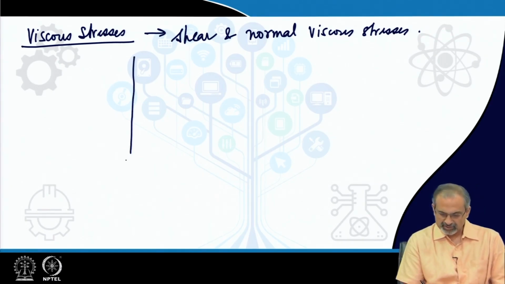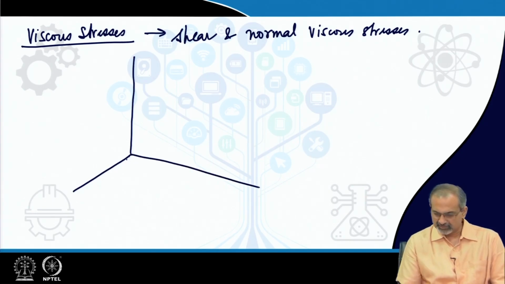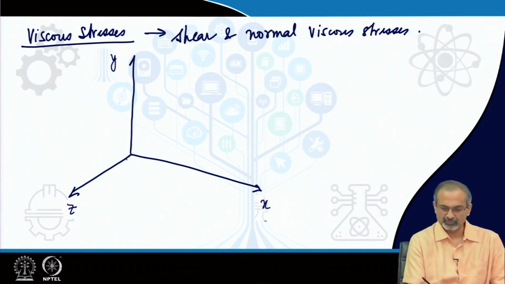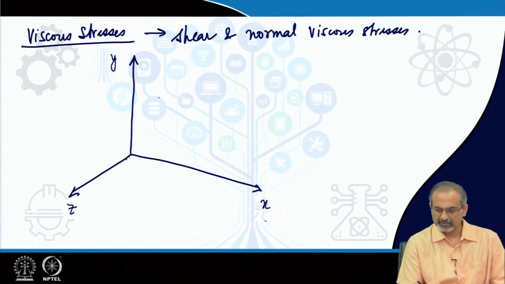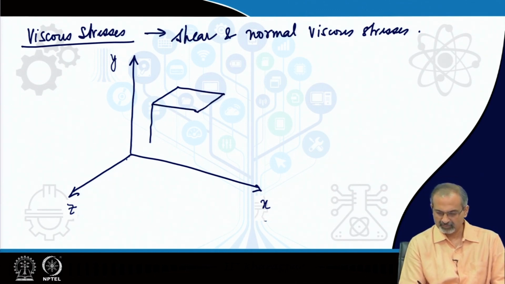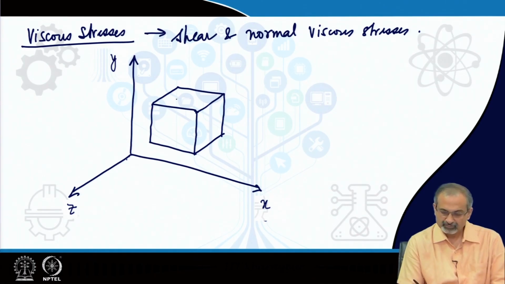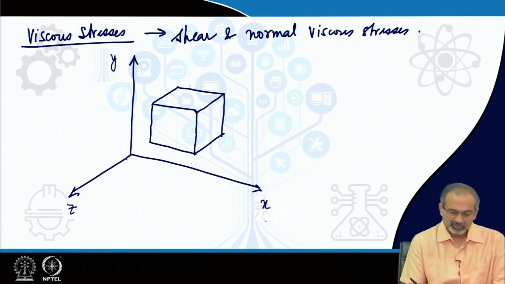How do we distinguish them? For that, let us draw a Cartesian coordinate system and place a small fluid element in it, a cube. Let us say it is a small cubical fluid element, and then on 3 orthogonal faces, we are going to indicate these stresses, both the shear and the normal kind.